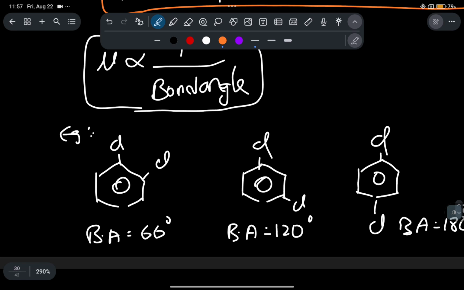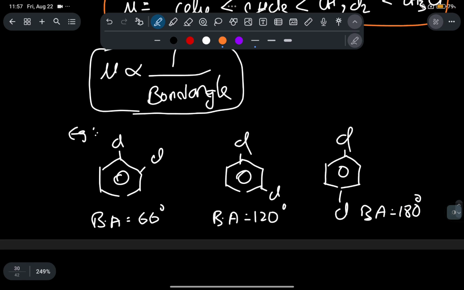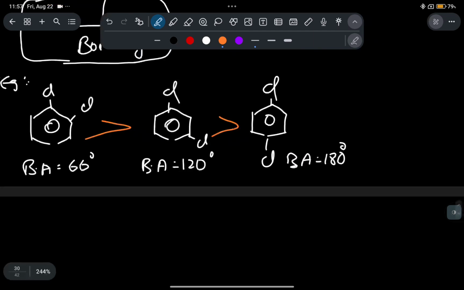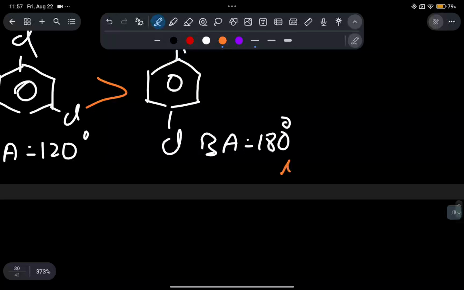So here if you see inversely proportional, bond angle decreases. Bond angle more means dipole moment is less. Less bond angle means more dipole moment. Okay. Here in 180 degrees mu is equal to 0.